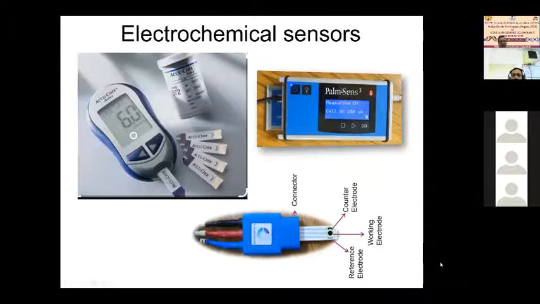Now, one by one, we will elaborate a little. This is the PalmSense 3, a very small palm-size device. It is not similar to the glucometer in terms of size, because it's a little bigger, allowing us to develop newer research for our application.